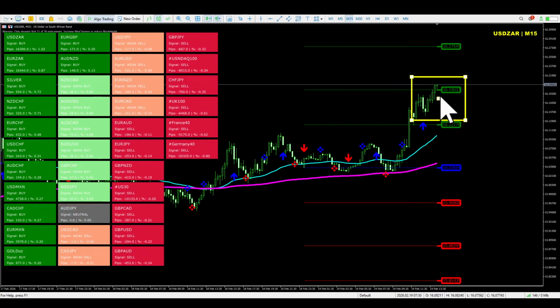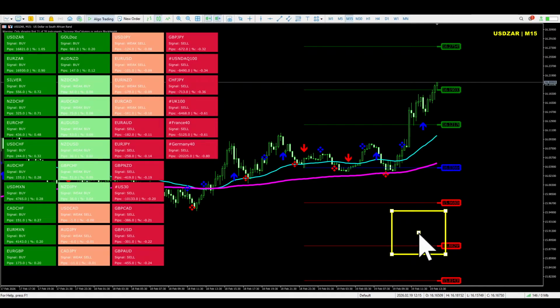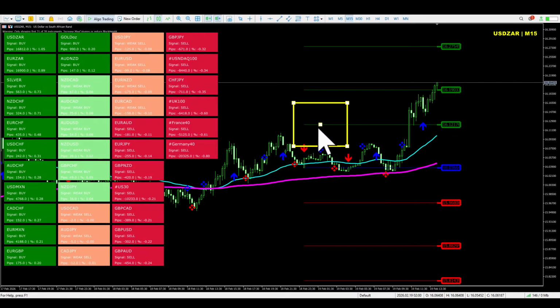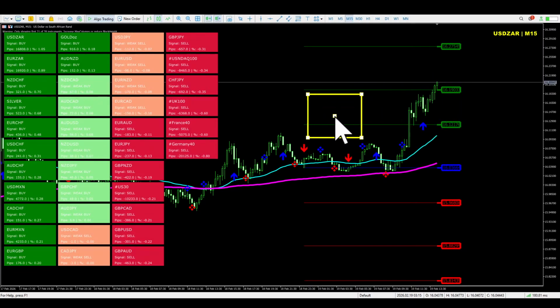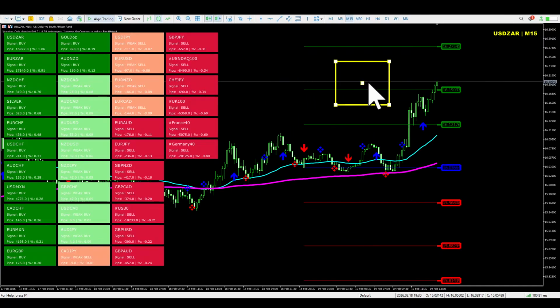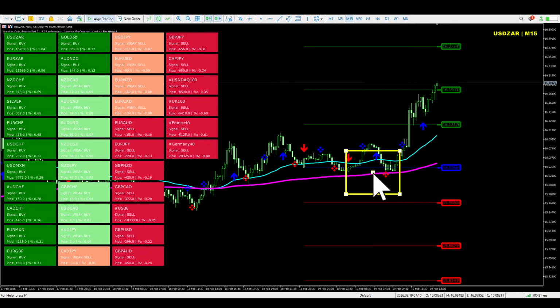If the price is beneath the 200 EMA, it means that we're in a bearish market. What happens in a bullish market? It simply means that the probability of the market going to a higher price is very high. So in a bullish market, we look for buy trades. As soon as you hop up on the chart, that's the first thing you want to identify: is the market bullish or bearish?